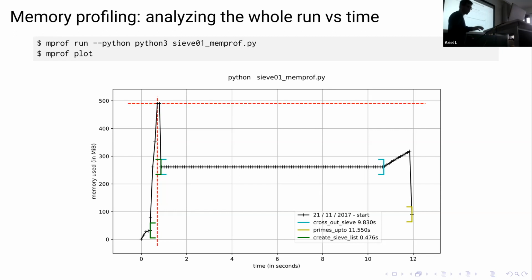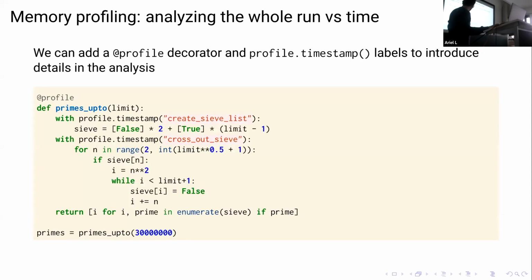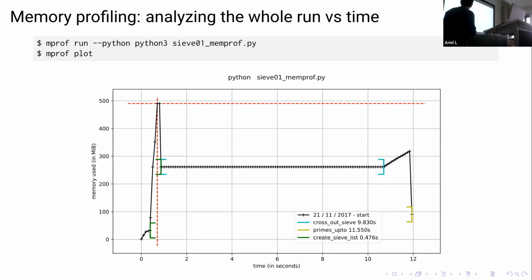So we added two timestamps: create sieve list, which is just the creation of the 30 million element list, and then another group for all the part of the code where we are doing all the cross out. And so we see that the peak of almost 500 megabytes is happening just on this line in which we are creating the list.